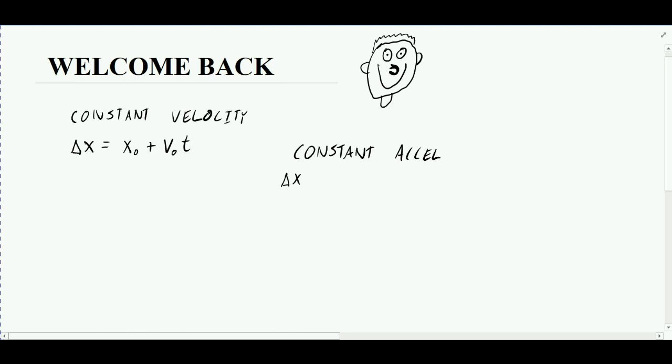The change in position now equals initial position plus initial velocity times time plus 1/2 acceleration times time squared. All right. What about our velocity? Our velocity will equal initial velocity plus acceleration times time. Very similar to this one over here.